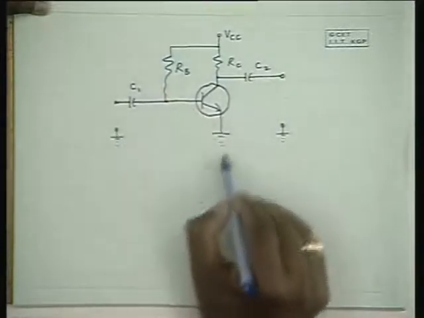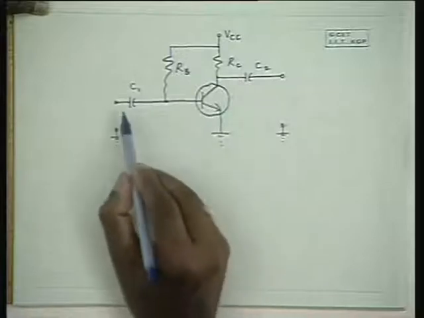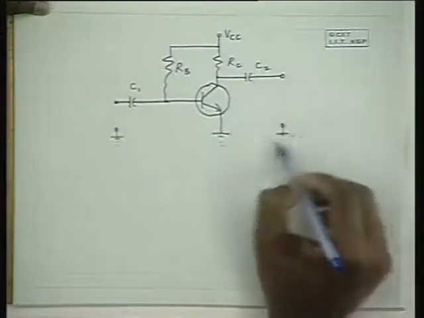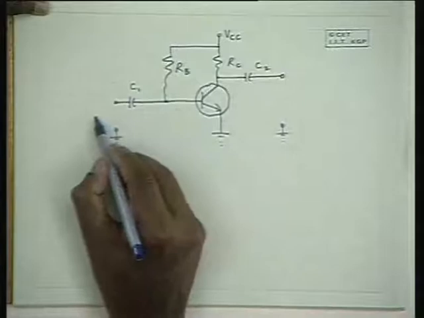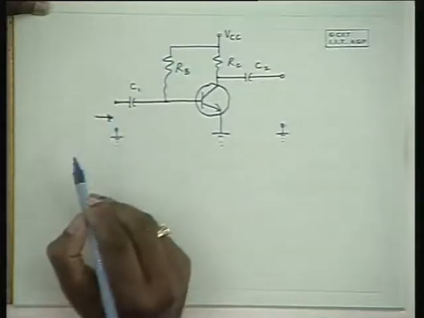Now in between, this is an amplifier, and this is the input port, and this is the output port. What we apply here is alternating signals.